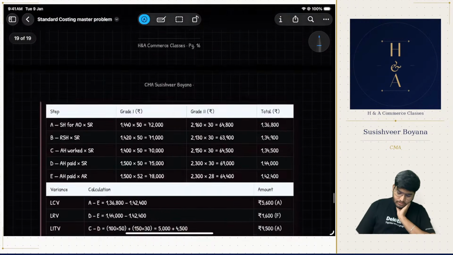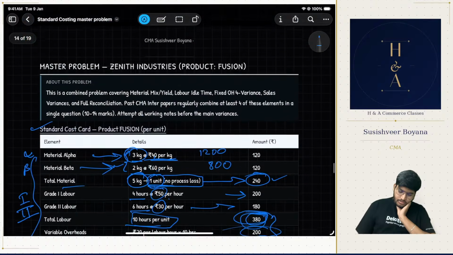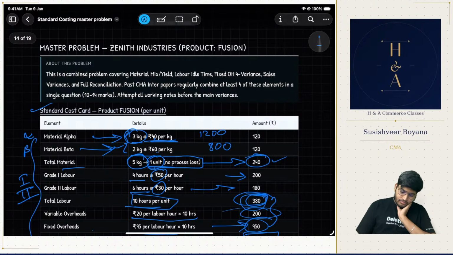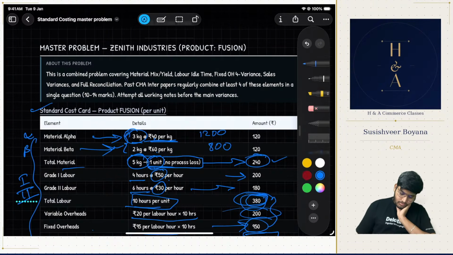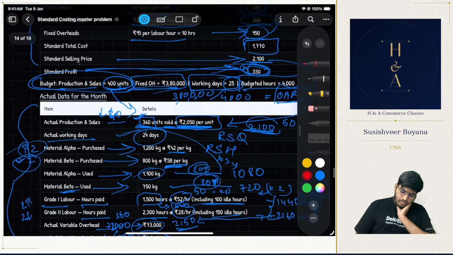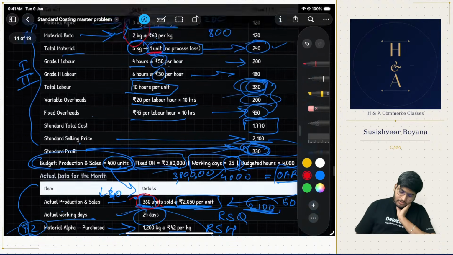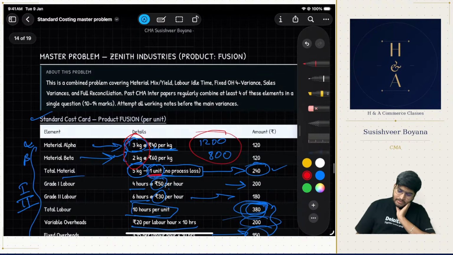Right. 3 is to 2 here is the alpha to beta ratio for 1 unit of product. When it is at 360, revised standard quantity is going to be how much? For both of them, I should calculate, no, sir. Ideally, what did I think? It's going to be 1200 and 800.